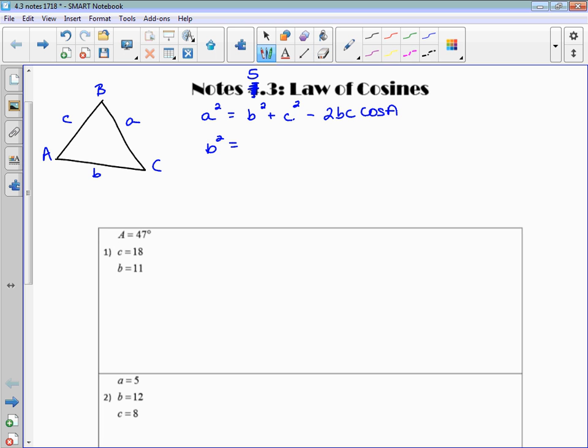Okay, I heard mumbles of a squared plus c squared, and then what? Okay. Cosine of b. You guys see it? Okay.